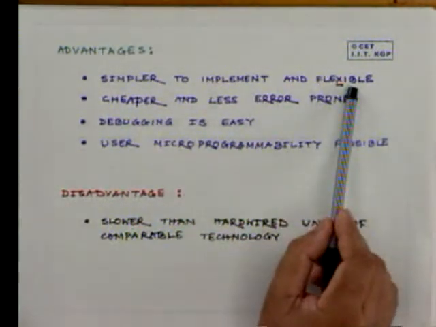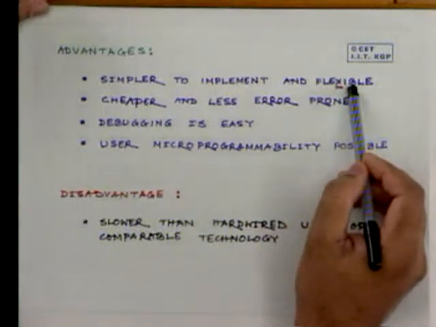By flexible, I mean, for example, in the case of a hardware control unit, once you have decided about that instruction set, if you want to add one instruction, you immediately see that we'll have to go through a very large scale change of the control unit design.